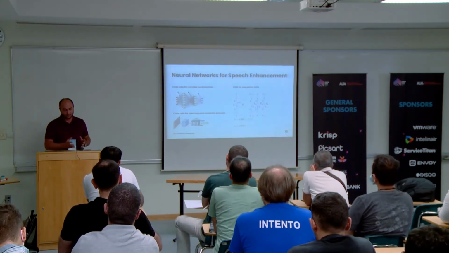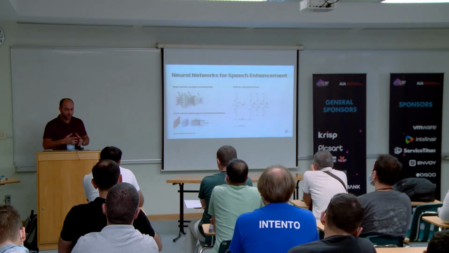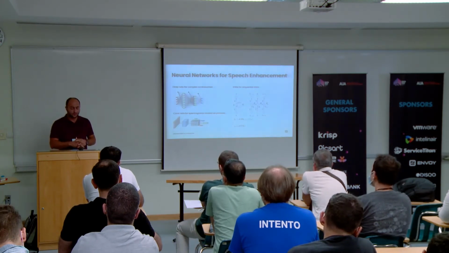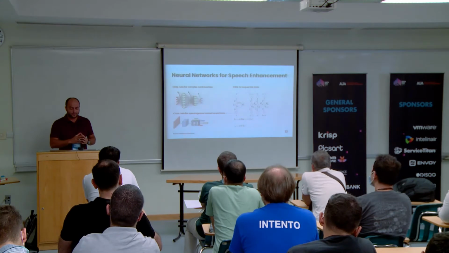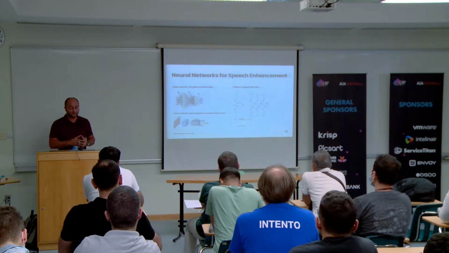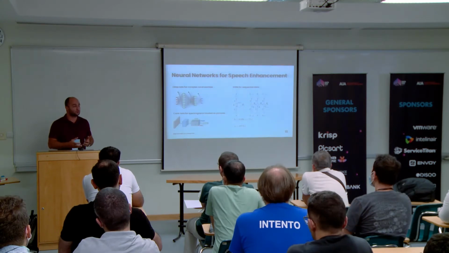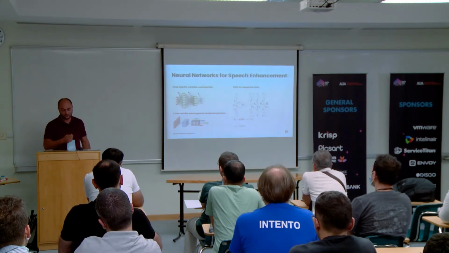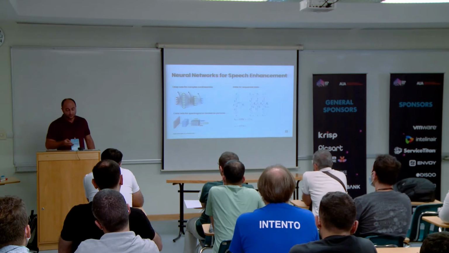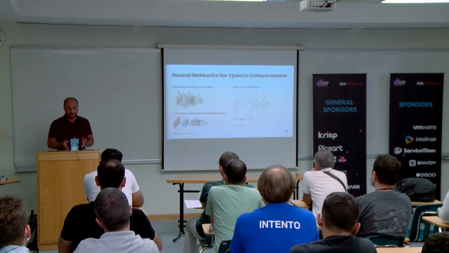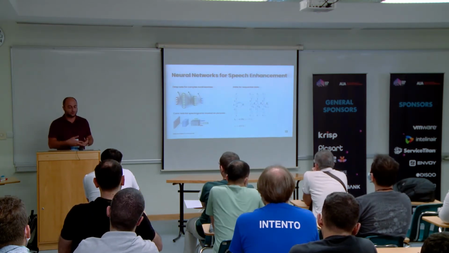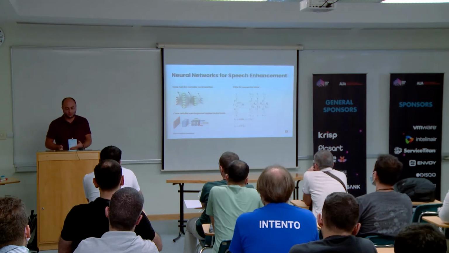Now, let's talk about neural networks. Practically, each popular neural network architecture can be tuned to be used in the speech enhancement problem. We can use spectrograms, which are actually pictures, and convolutional networks work well on pictures.